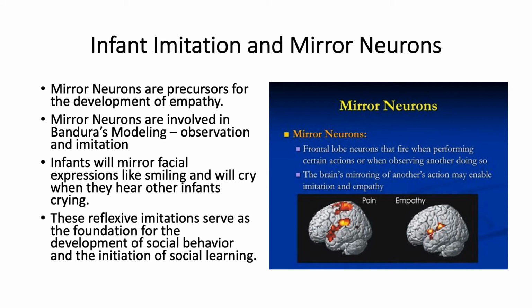So then when we start to look at infant imitation, we see that as soon as the visual system comes in, we start to see imitative behaviors. For example, if you smile at an infant, they'll smile back. If you place an infant in a room with crying infants, they'll cry themselves.